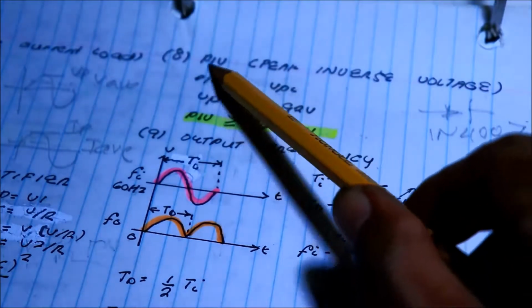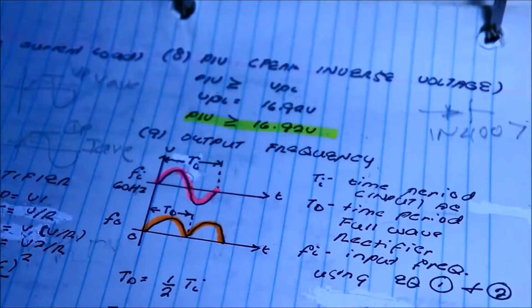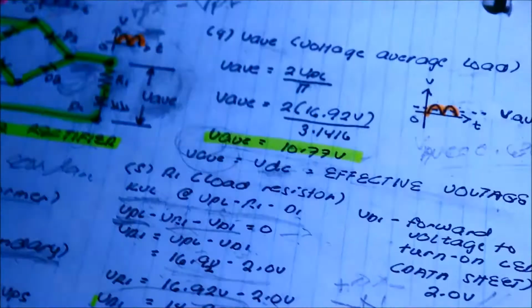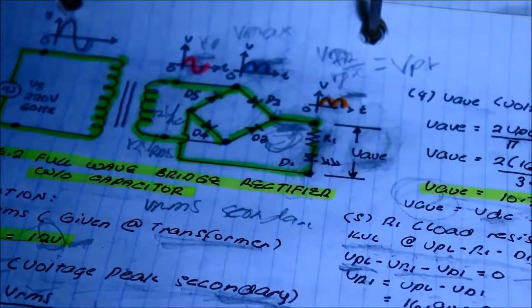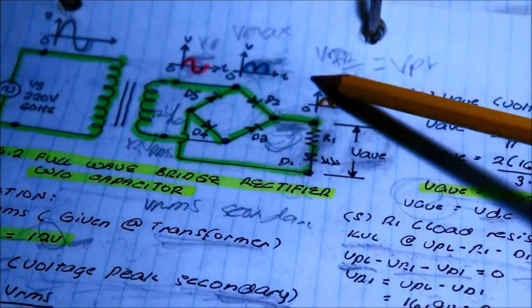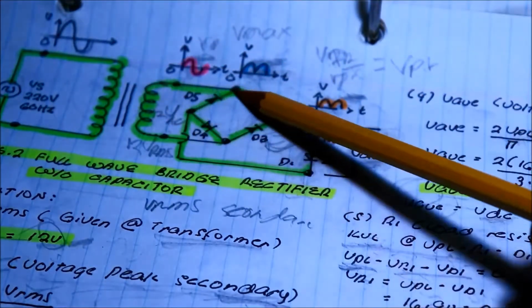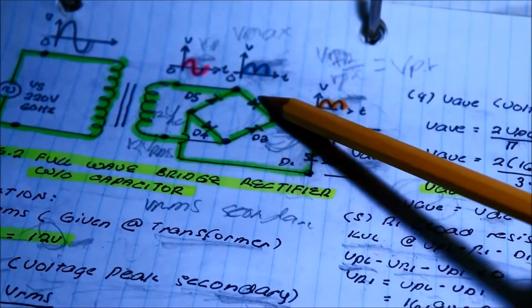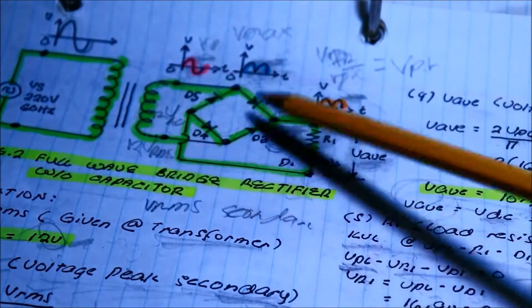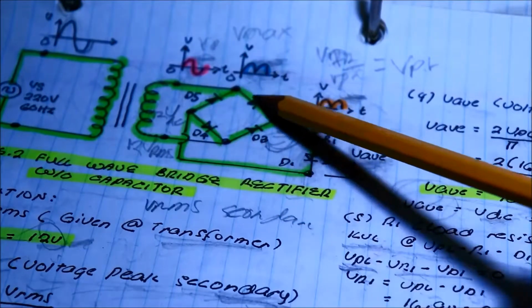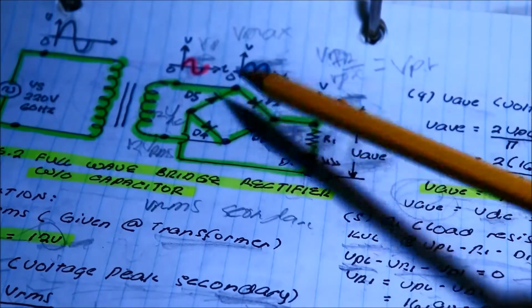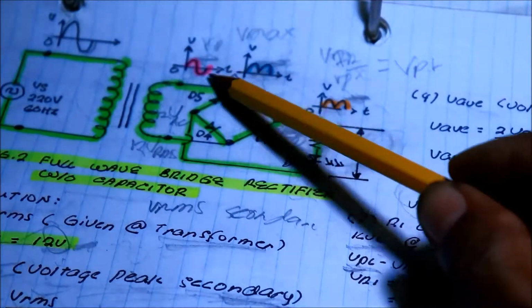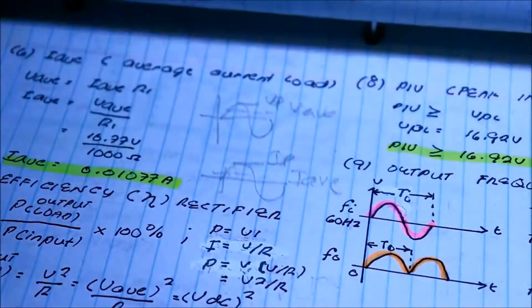What is this PIV? Okay, let's go back to the circuit. Remember, during the positive half cycle, diode is forward bias. How about negative cycle? During the negative, it becomes reverse bias. See? Forward and reverse bias.